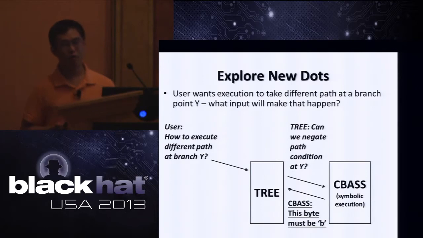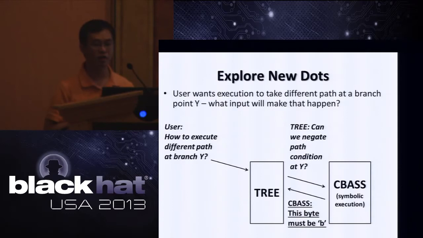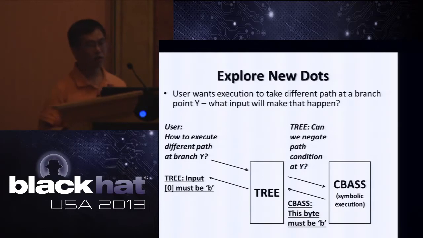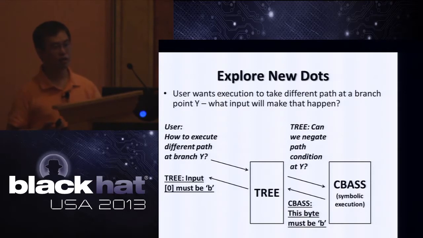And with the help of a mathematical tool, SAT or SMT solvers, treated as a black box that can answer these mathematical problems correctly, the solver returns and finds that to meet this condition, this byte at this address must be the letter B. And TREE has the semantics of the program, so it knows that that byte is actually the first byte of your input.